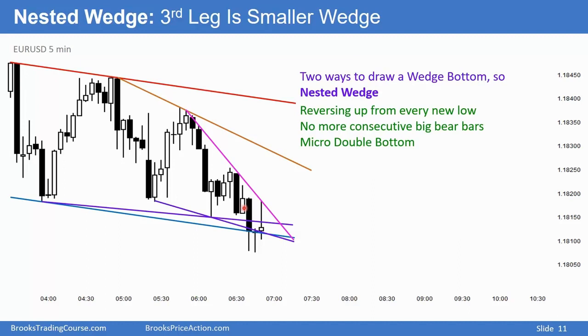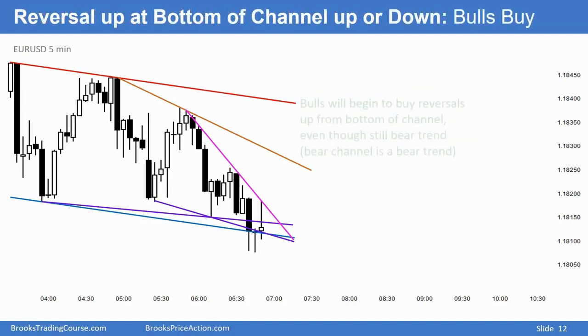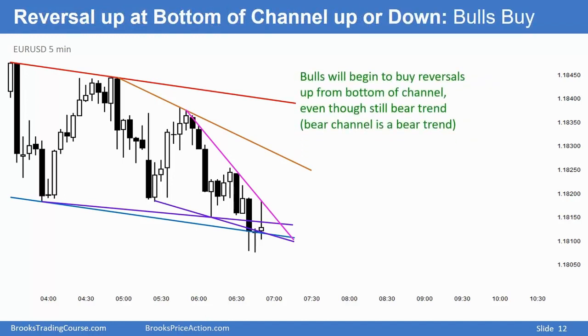Trading ranges have legs that go down, they have legs that go up. And because of this bad follow through, traders are expecting that there will be a bull breakout above the bear channel, the wedge bottom. Bulls will begin to buy reversals up. Some bulls who bought above this high or that high are still long.